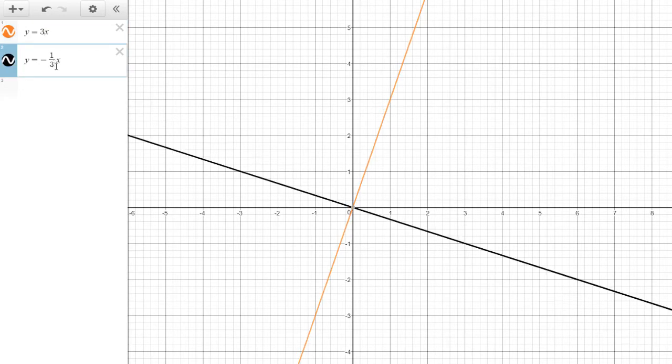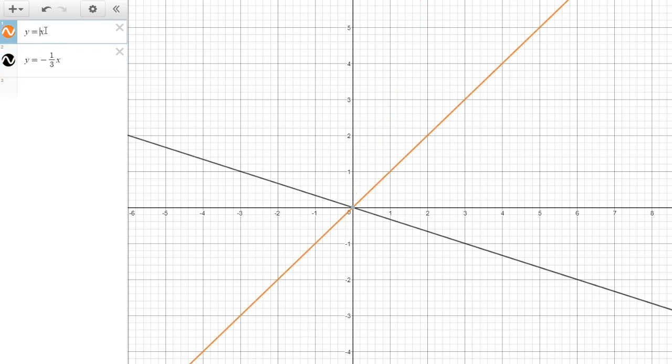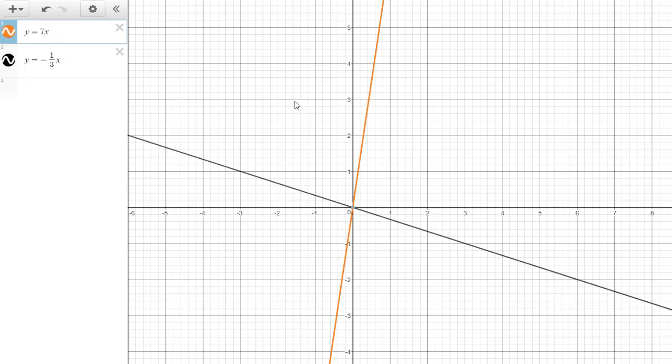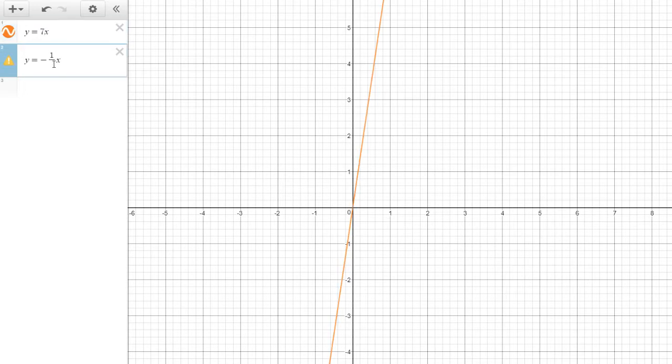And if we had a line that was, say, 3x, that would be minus 1 upon 3, okay? Now the thing to note is that whenever you multiply these two together, so if I multiply 3 by minus 1 upon 3, I get the value of minus 1, okay? So if I was to make that say 7, and I wanted to find the gradient of the line that was perpendicular to that, I would have to make that minus 1 upon 7, okay?